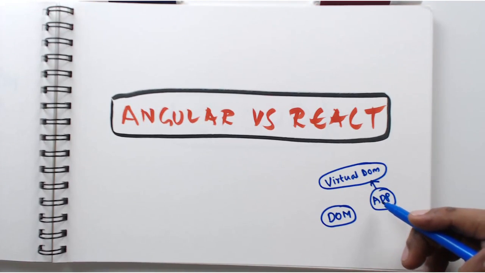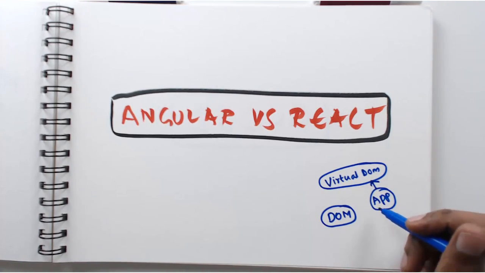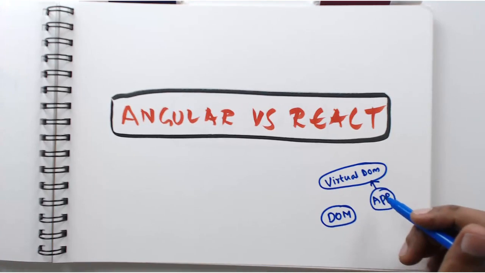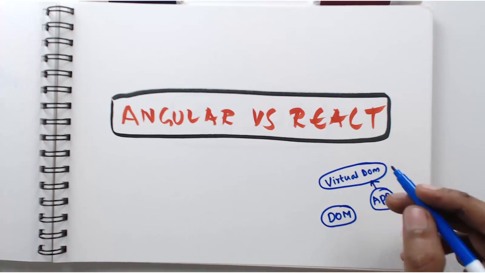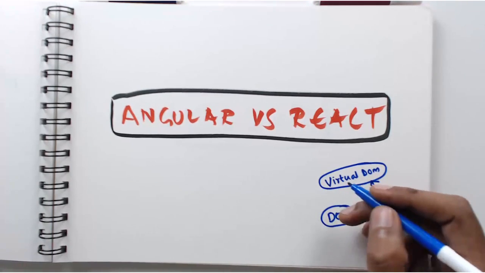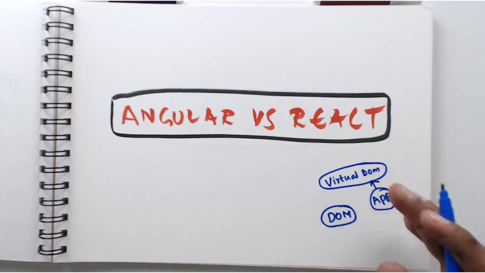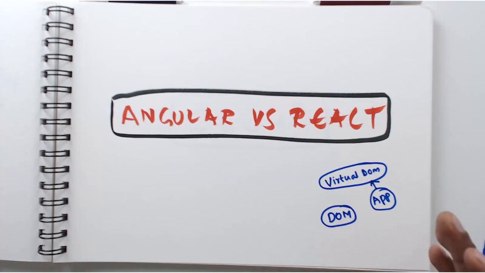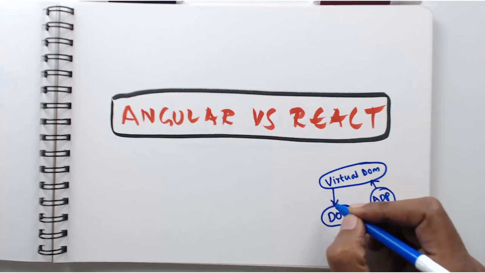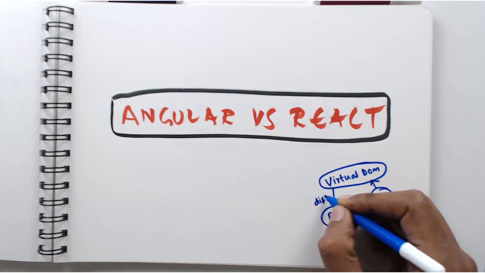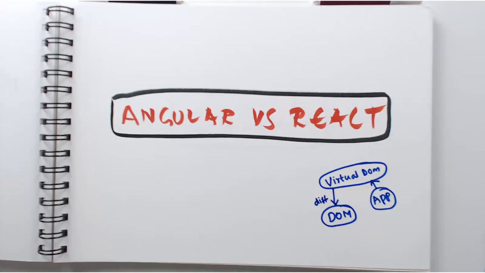Whenever we make changes through a React application, we are not actually making changes directly to the DOM. We make changes to the virtual DOM, and the React framework internally compares two instances of the virtual DOM. Let's say instance 1 is before we made the change, and instance 2 is after. React compares them and only applies the differences to the actual DOM. That's the reason why React is very, very efficient.